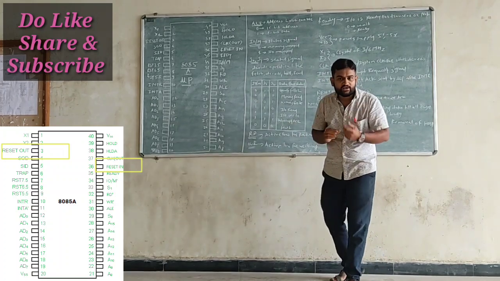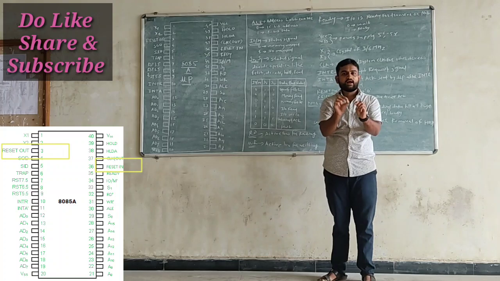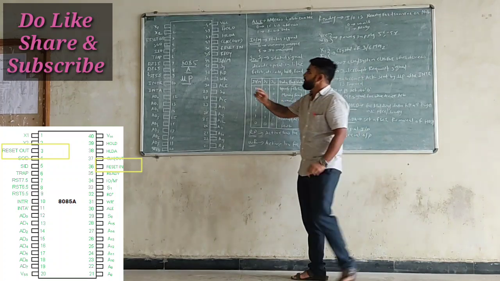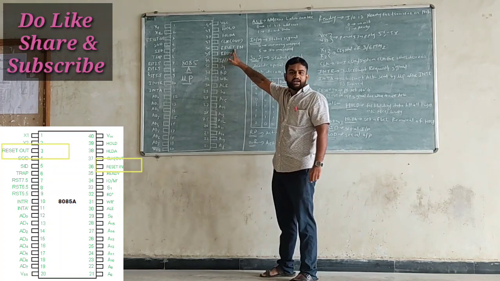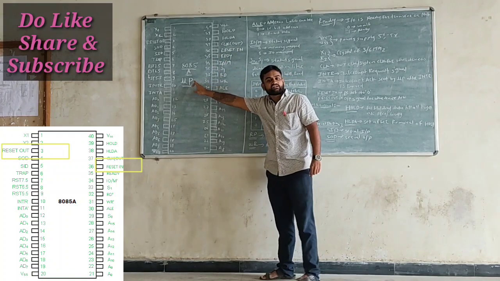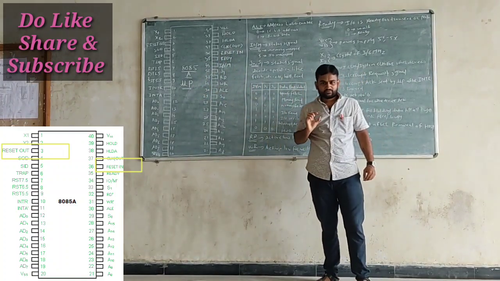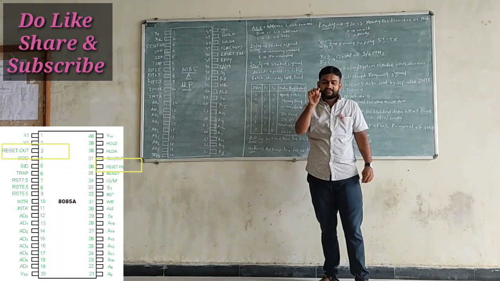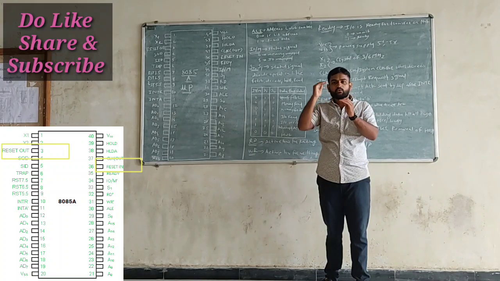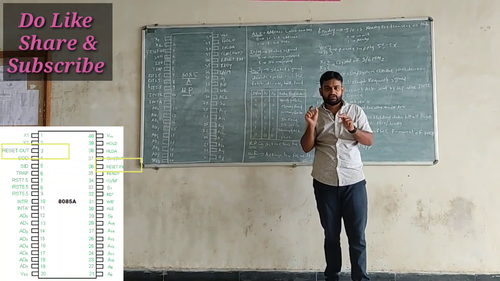But if we want to restart the execution, we have to reset the microprocessor. For resetting purpose, we have the reset in pin. Whenever we provide a reset in signal to the microprocessor, the PC goes to position 0, so the program is going to start execution from position 0.